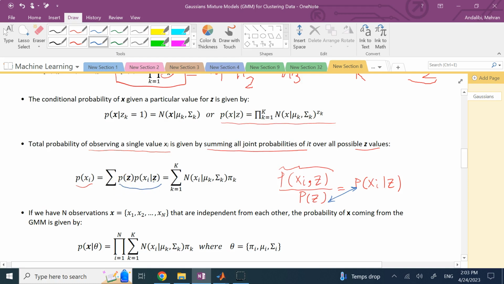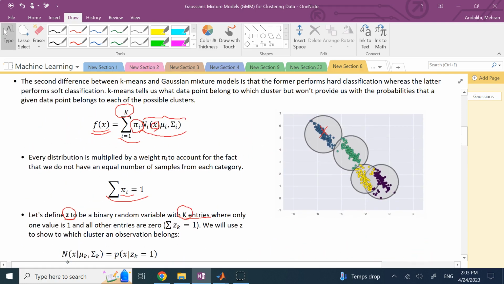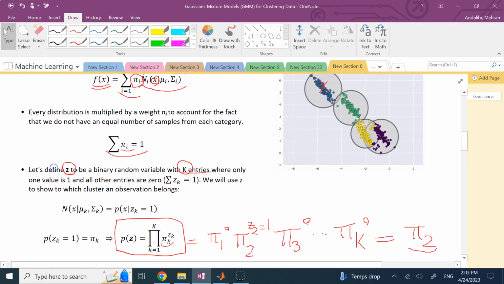Okay, and what is each one of these terms? Well, your likelihood function P of x i given z, we just calculated on the top. That's a normal distribution, and your P of z, as we calculated earlier, that's pi sub k, which we had up here, right?